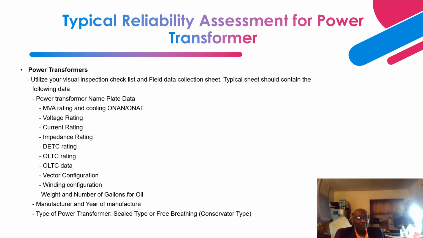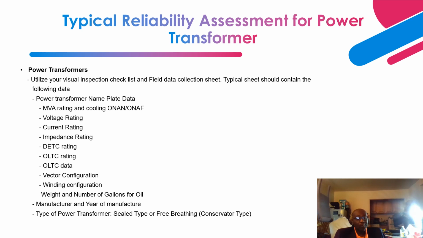Next is the winding configuration. You can have a delta winding configuration on the high side, or Y grounded, Y solidly grounded, Y resistor grounded configuration on the low voltage side. Next is the weight of the transformer. You can also have the weight of the whole transformer, the weight of the oil, and the number of gallons of oil.